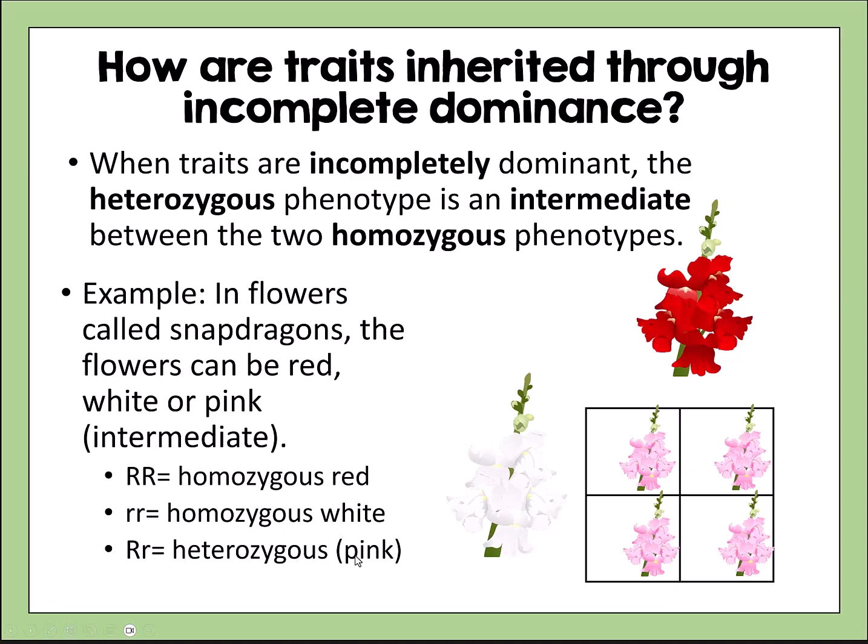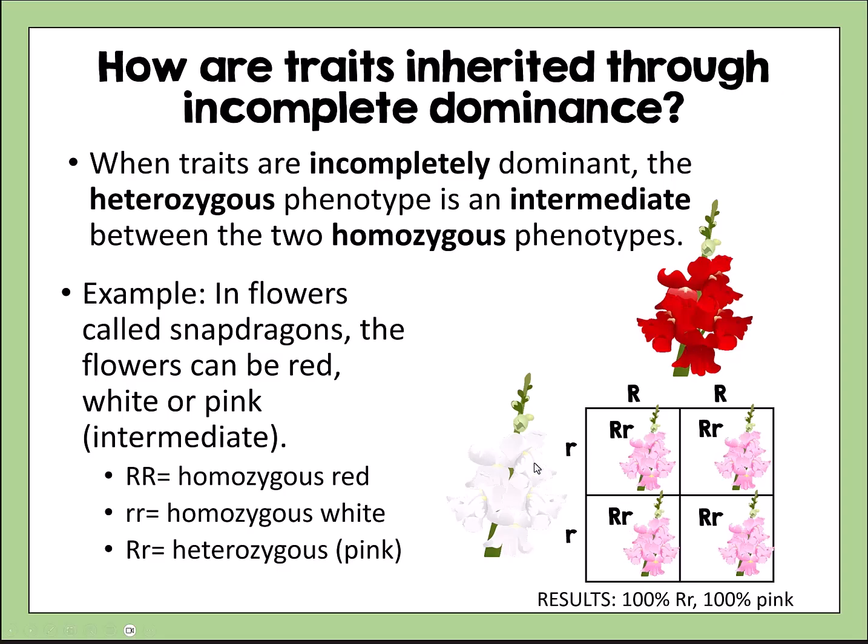phenotype is pink. So if we were to set up a Punnett square for this, we'd have a homozygous dominant parent and a homozygous recessive parent, creating all heterozygous offspring, and all of those heterozygous offspring would be an intermediate between the two parents.